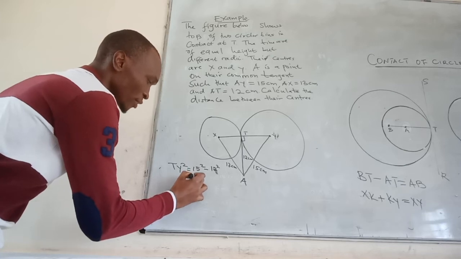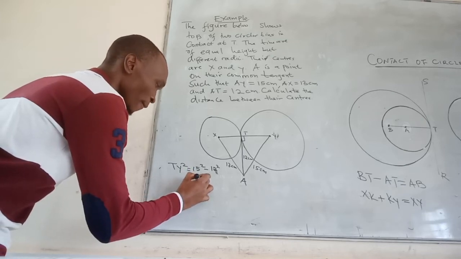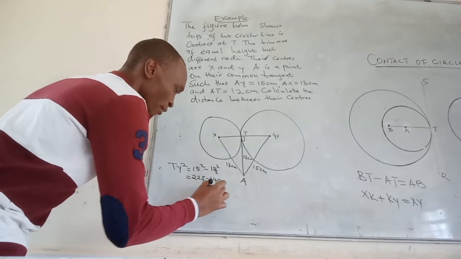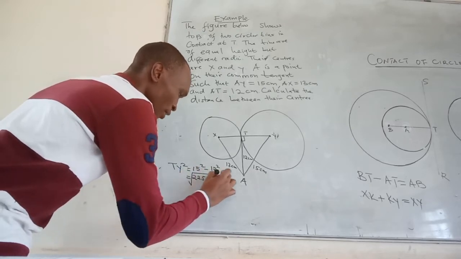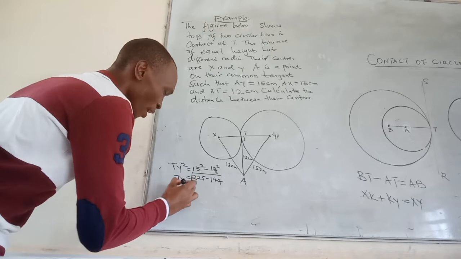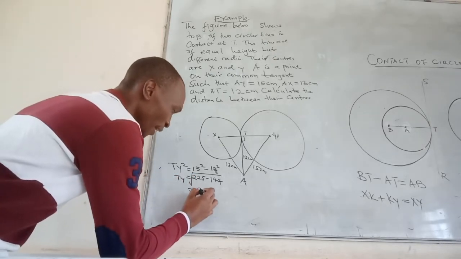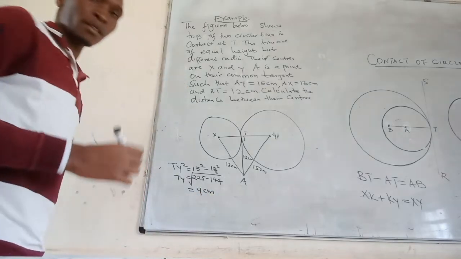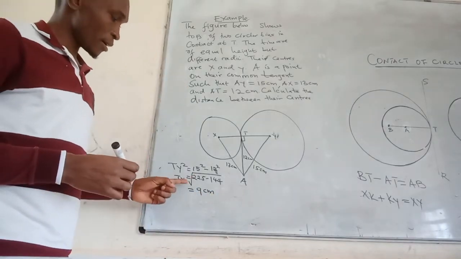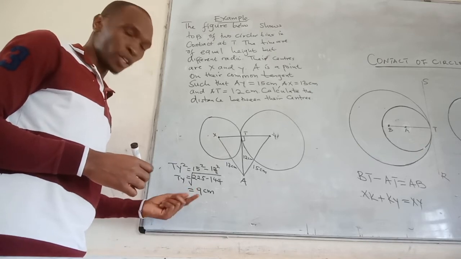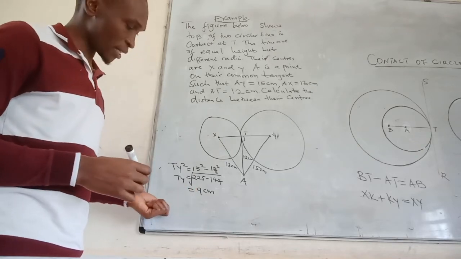This gives us 225 minus 144. Then we find the square root. This gives us TY, which is 9 centimeters. Of course, we get plus or minus 9, but we ignore the negative because we don't have negative distance.